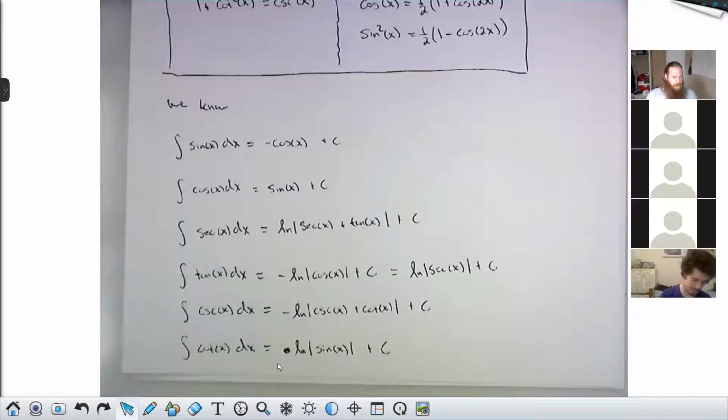That sort of stuff. And basically what we're going to do to figure out more complicated integrals, I'm going to break them down into a few cases.